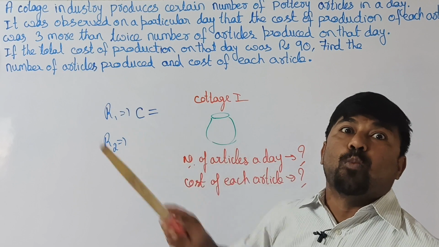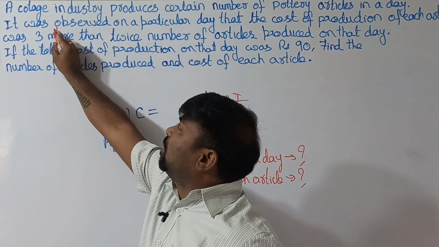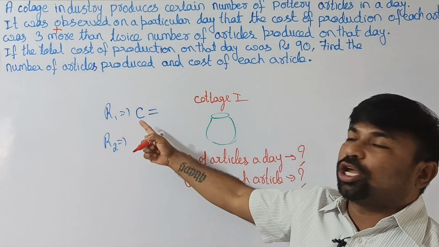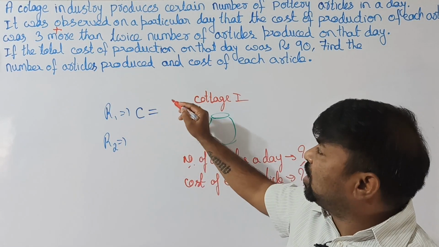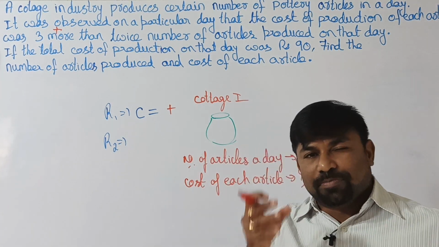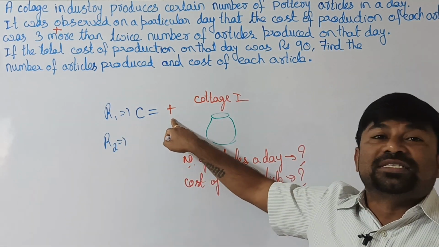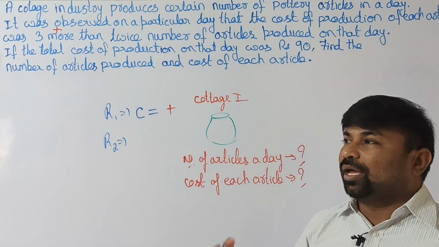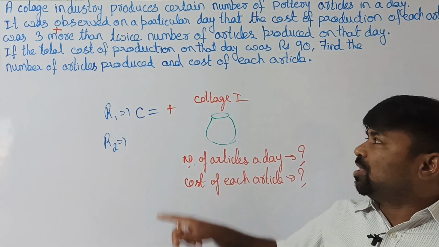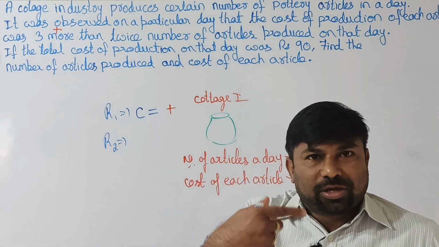What is the word more? More means, you have to remember, it's nothing but plus. So the first relation is talking about the cost, and the basic operation he is using in it is addition. Okay, how to use that relation we have to think about.